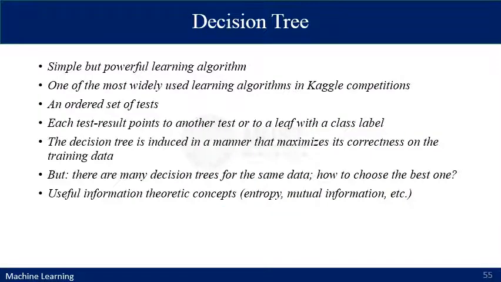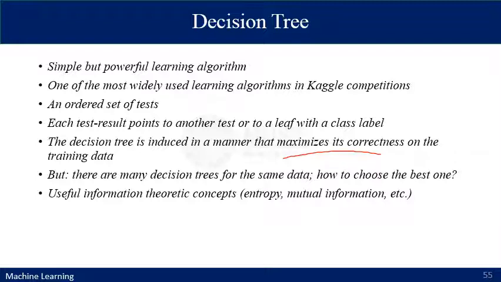As you can see, decision tree is a very simple but very powerful learning algorithm, and it is one of the most widely used learning algorithms in the critical competitions. Decision tree is an ordered set of tests, and for each test result you point to another test, and so on, or at the end you point to a leaf node with a class label. The decision tree is induced in a manner that maximizes its correctness on the training data.